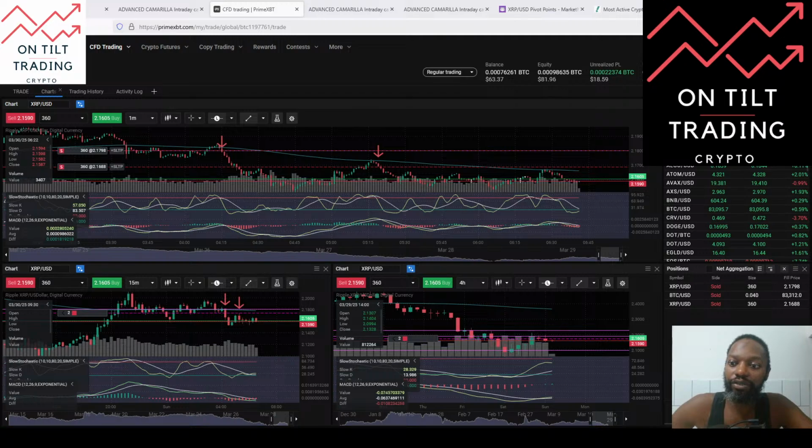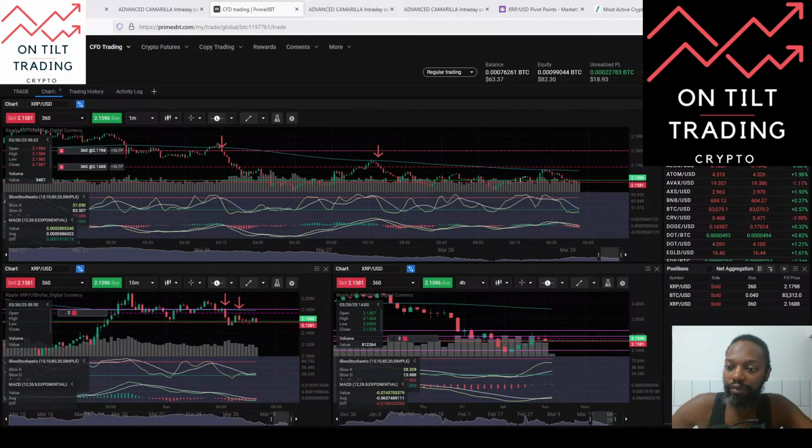And then my trading system is based off the Camarilla pivot system. So on the 15-minute, or let's say here we'll start on the 1 minute, this is the R3, pivot R3 here. And this is R3 right here. This is R3 here.